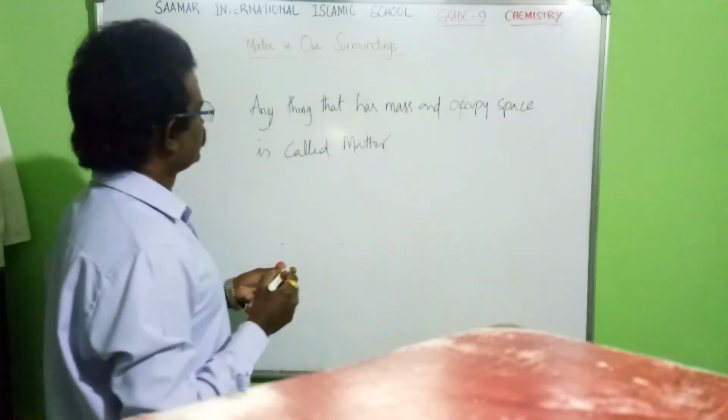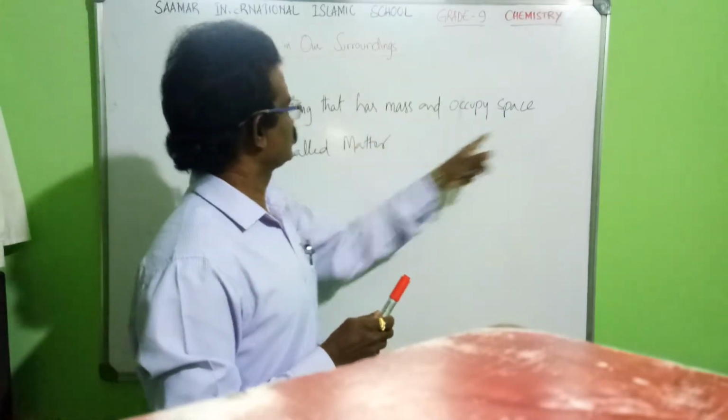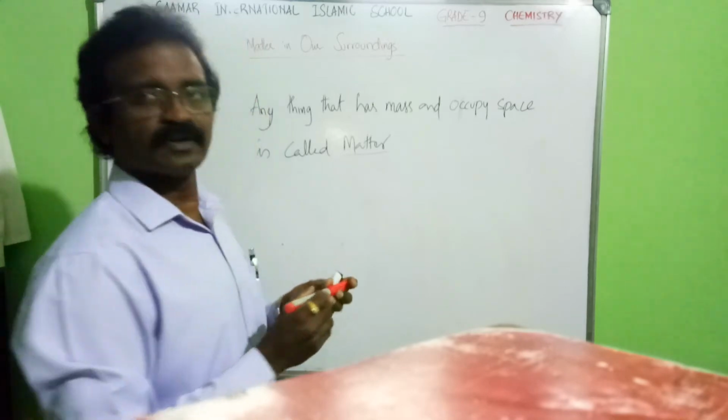Is it clear? Anything that has mass and occupies space is called matter. Clear? The definition for matter.